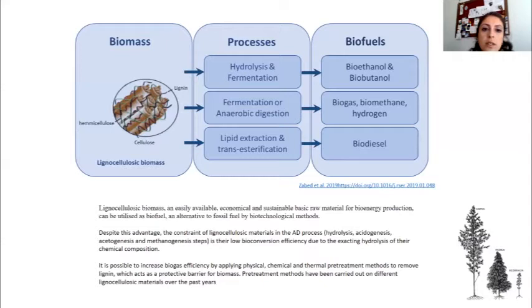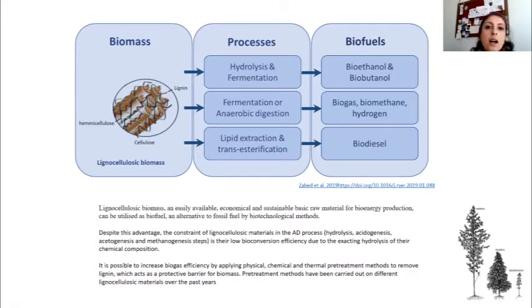And how is it carried out? Let's look at some bioprocesses. Bacteria and other microorganisms have some metabolisms such as hydrolysis, acidogenesis, and others. After their metabolisms, they produce for us, for people, biofuels such as bioethanol, biomethanol, biogas, biomethane, hydrogen, and biodiesel. Lignocellulosic materials are very available, economical, and sustainable, which are very good advantages.